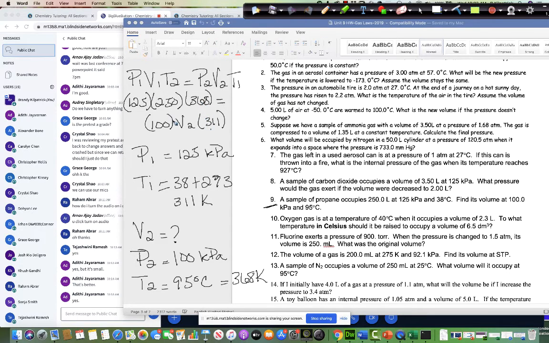All right, so now at this point, you're just getting your numbers. 125 times 250 times 368. That's going to give us 115,000,000. So that's 1.115 times 10 to the 7th.